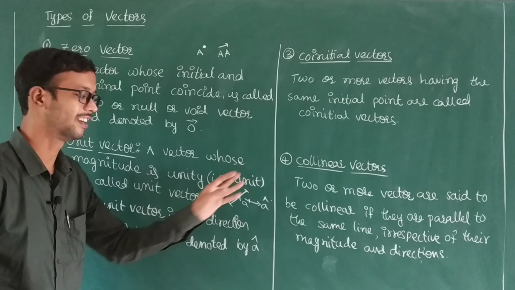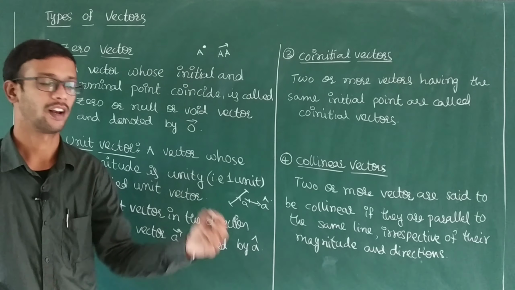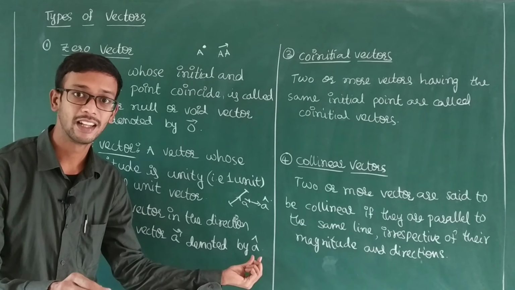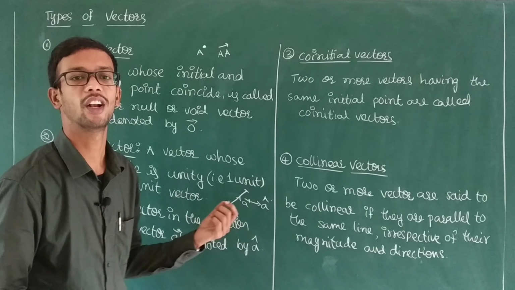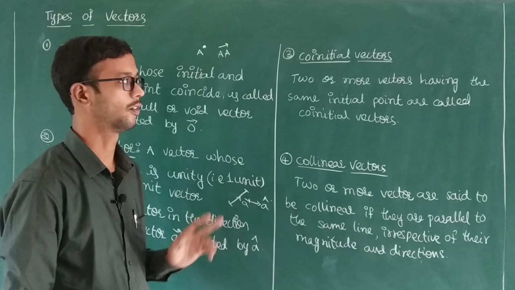A cap is nothing but a unit vector in the direction of vector A bar. Similarly, B cap is a unit vector in the direction of vector B bar. So that is the difference here.